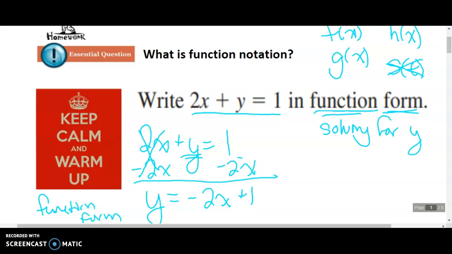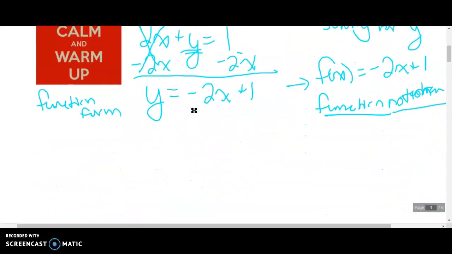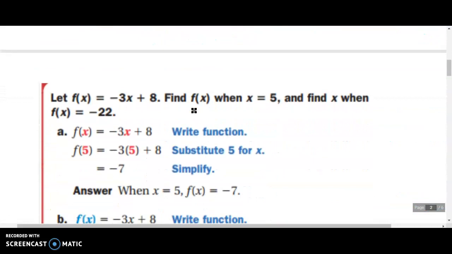Function notation would be f of x equals negative 2x plus 1. That's function notation. Okay, so now you know the difference between those. All right, so let's get started on reviewing and talking about what you learned in that video.